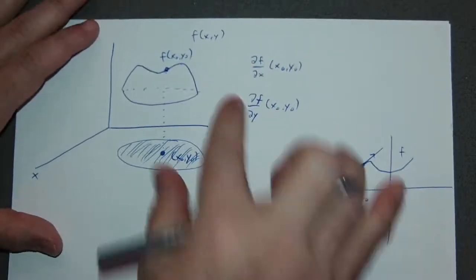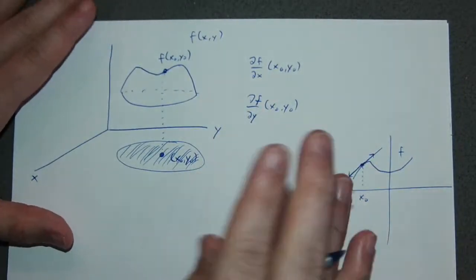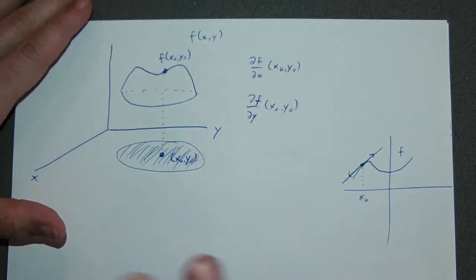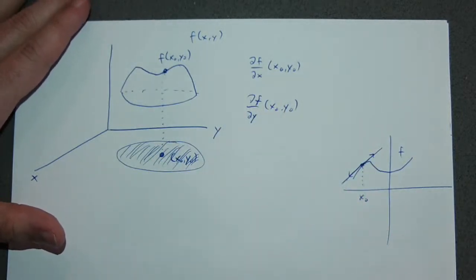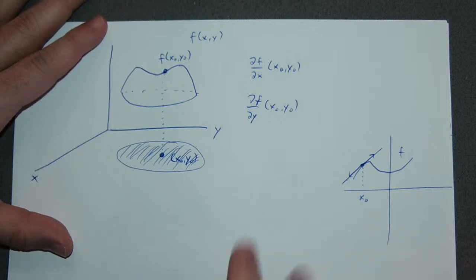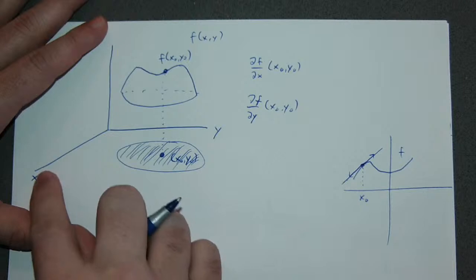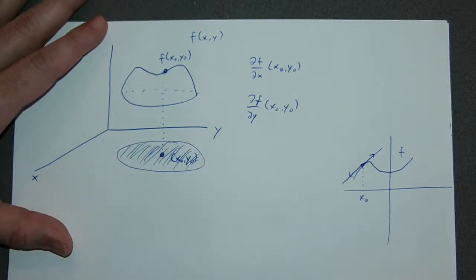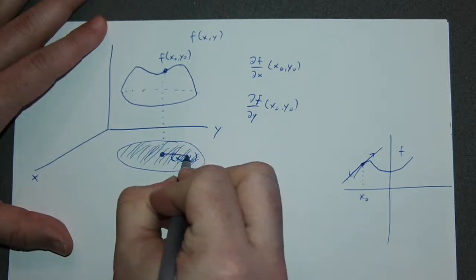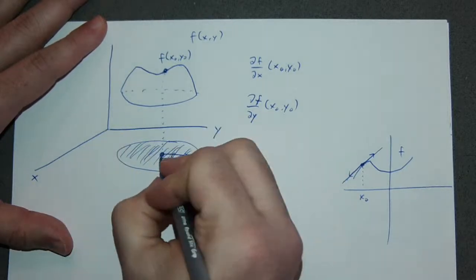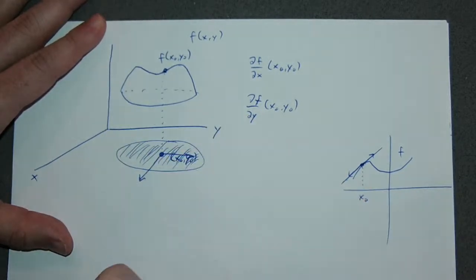What's going on here is that these partial derivatives are computing rates of change, but they're computing rates of change with respect to some primitive directions. What are those directions? Well, they're computing the rate of change in the directions indicated by the x and y axes, respectively. So at this point, I have a direction that is parallel to the y-axis, and another direction that is parallel to the x-axis.